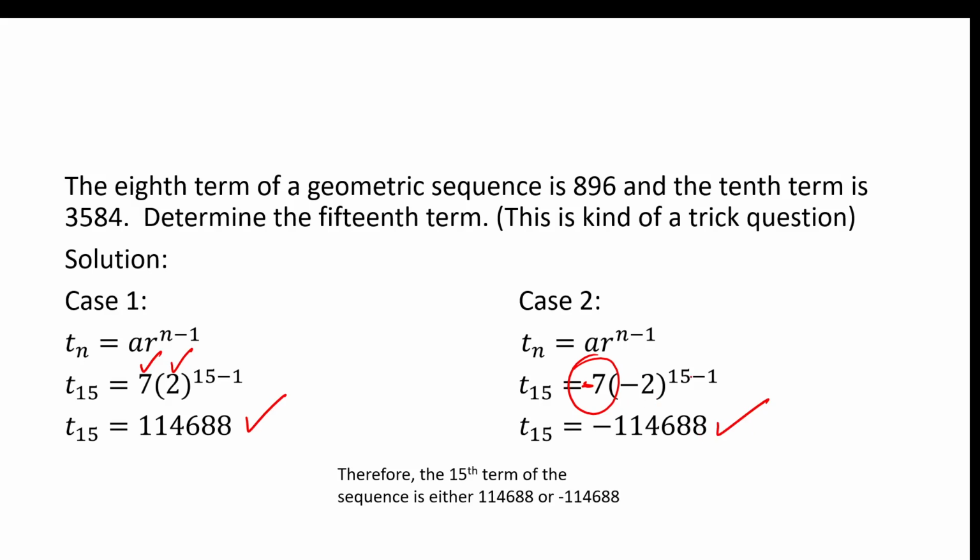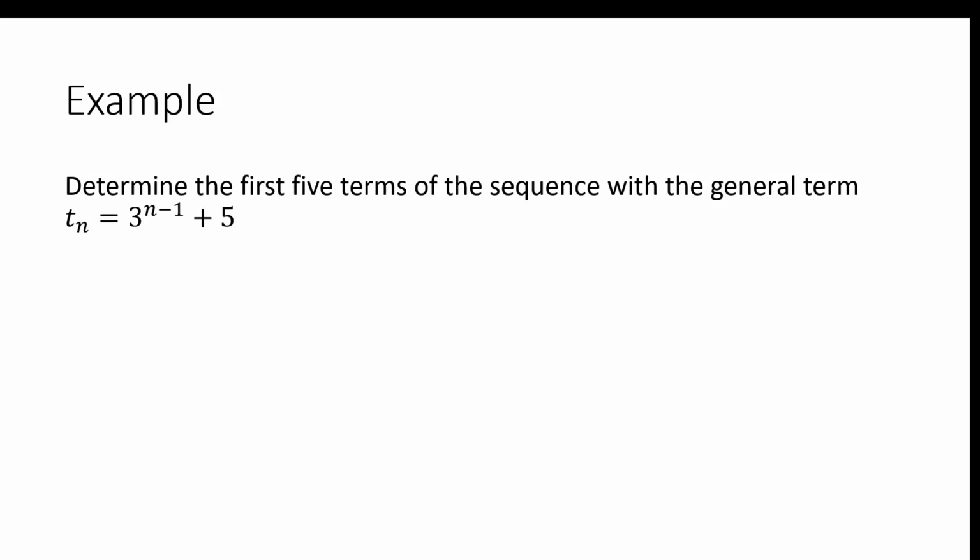Negative 2 raised to an even exponent, ultimately the exponent is 14, makes negative 2 quantity to the 14 positive, but we're multiplying it by negative 7, which means we're getting an answer of negative 114,688. Okay, so basically, ignore that little typo if you could. I should have had a negative sign there, but we see everything else on the board is correct. And the 15th term of the sequence should either be 114,688 or negative 114,688.